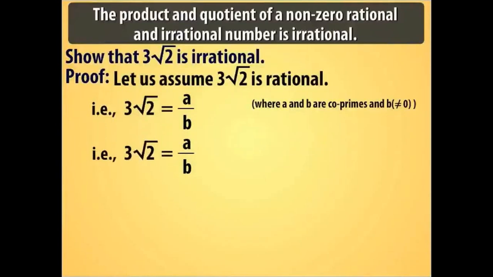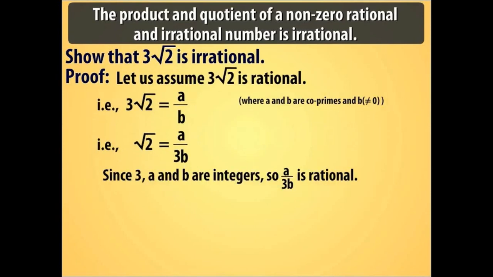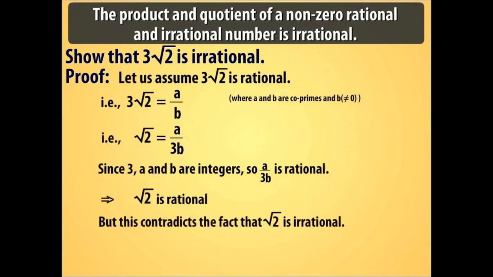On rearranging the equation, we get square root of 2 equals a upon 3b. Since 3, a and b are integers, the expression a upon 3b is rational. This means that the square root of 2 is rational. But this contradicts the fact that the square root of 2 is irrational.